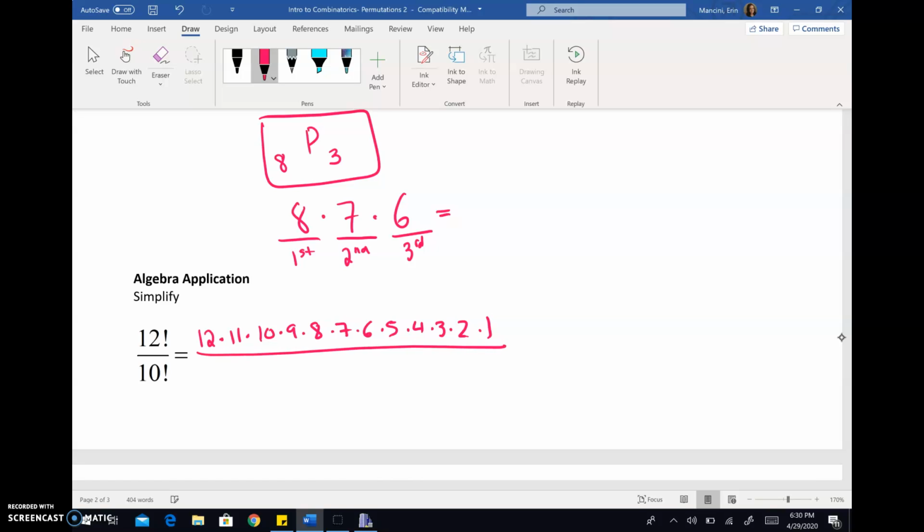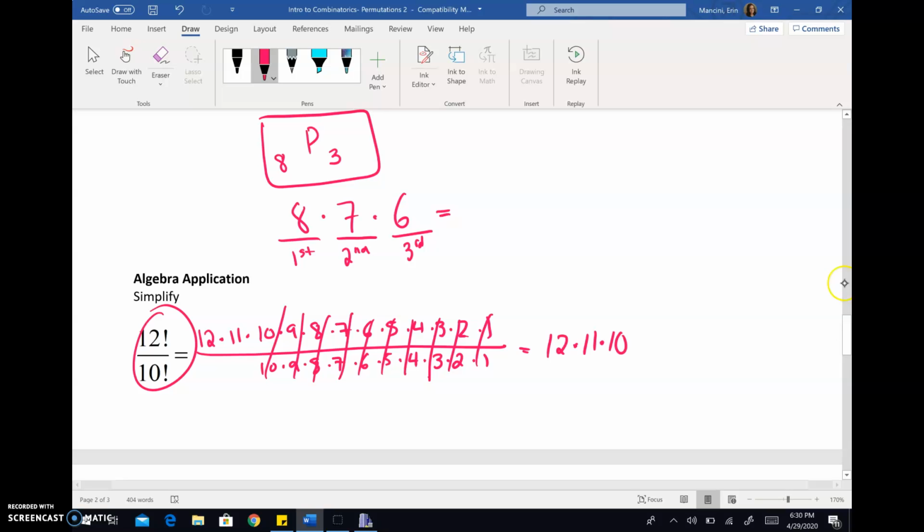Cool, that's 12 factorial, and 10 factorial will be this. You get the point, but I'm being tedious just to emphasize my point here. Everything would cancel out except for 12 times 11 times 10. So you can just simplify algebraic problems with permutations.